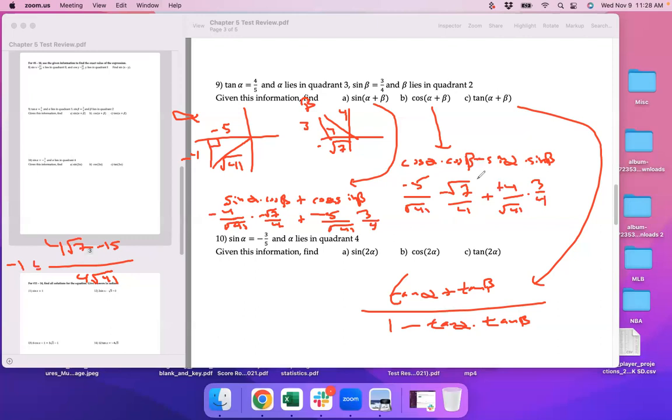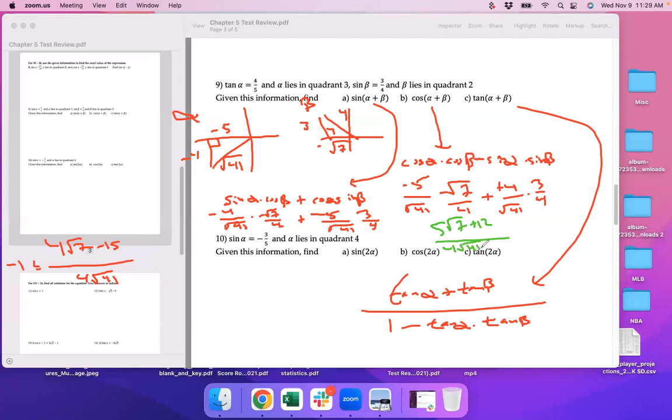Minus negative becomes a positive, and you have two negatives, negative 5 and negative root 7. So I'm getting, I'll do it down below here, change colors for contrast. So it's 5 root 7 plus 12 over 4 root 41.